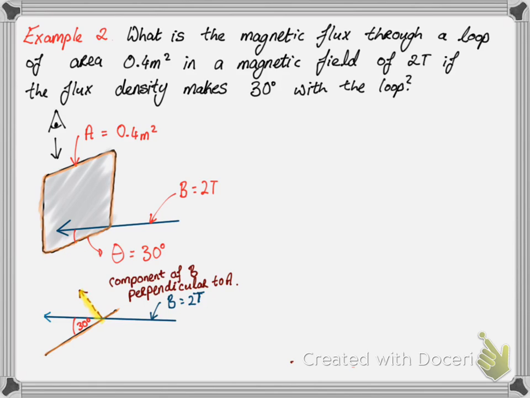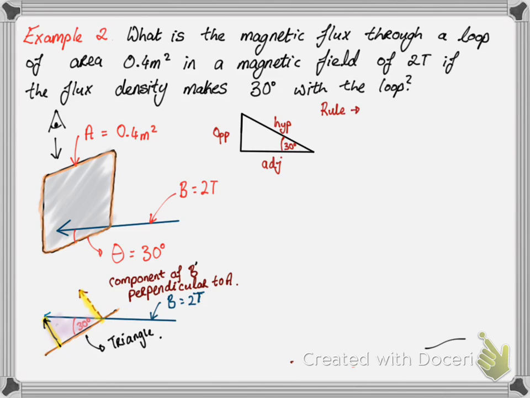Remember that our angle is 30 degrees. So if in yellow that's the component, then that would be the same either side. So we can actually form a triangle here. From a triangle, we can have opposite, hypotenuse, and adjacent. And we can actually find out the opposite here.